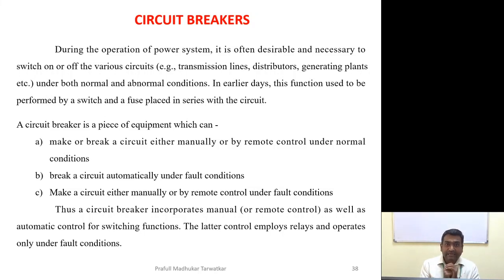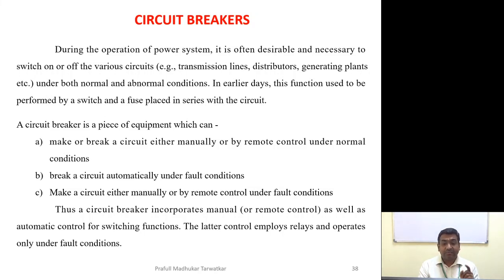As far as the technical definition is concerned, a circuit breaker is a piece of equipment which can make or break a circuit either manually or by remote control under normal conditions, just like any other switch. Break a circuit automatically under faulty conditions. This is the main function of a circuit breaker.